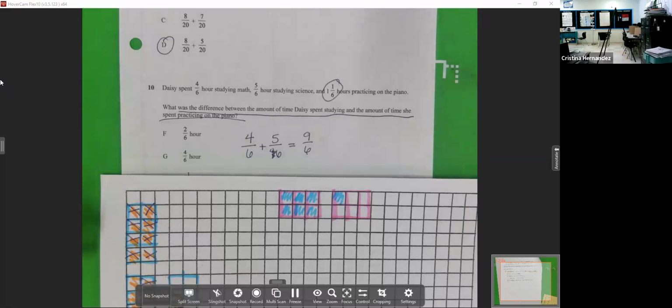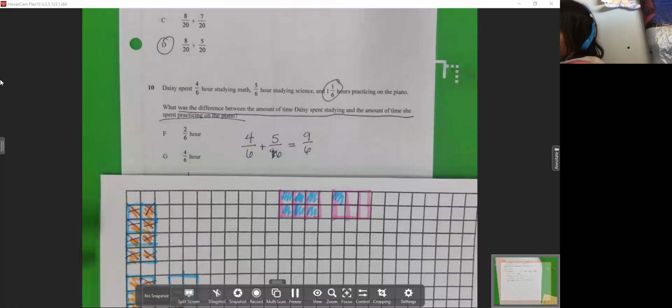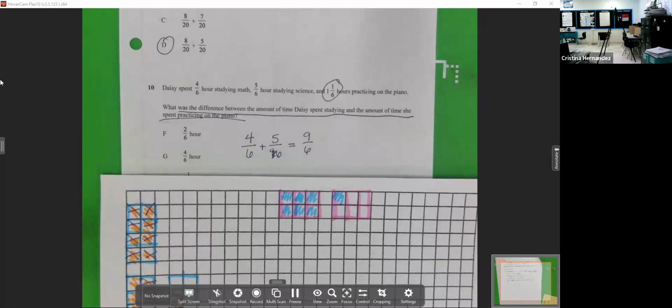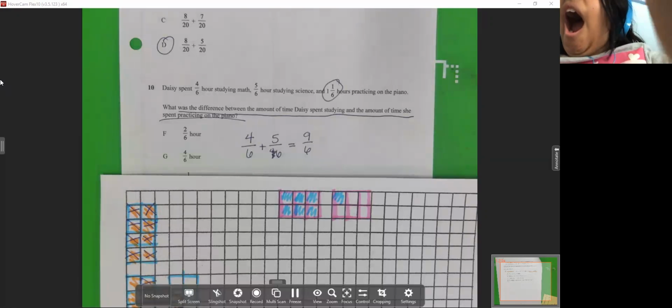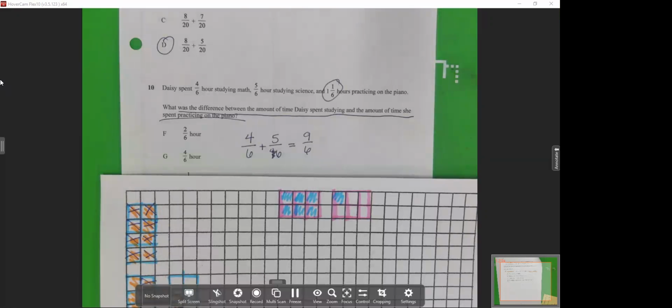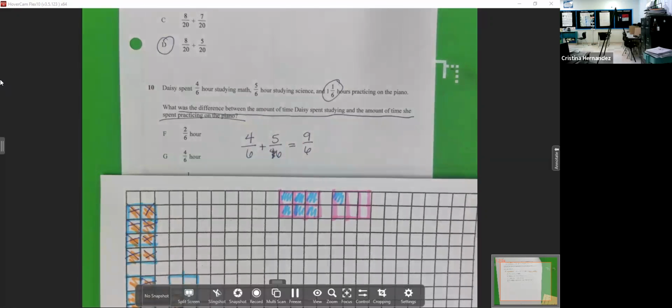There's not 9 to take away. Come on. Because she's studying more than the piano. Oh, I'm supposed to shade in 9/6.